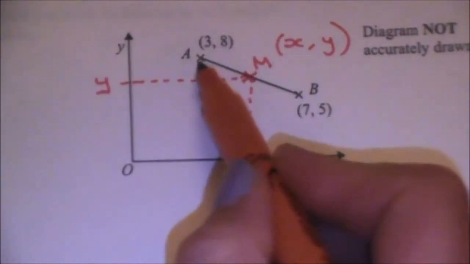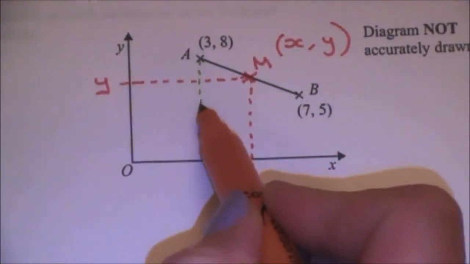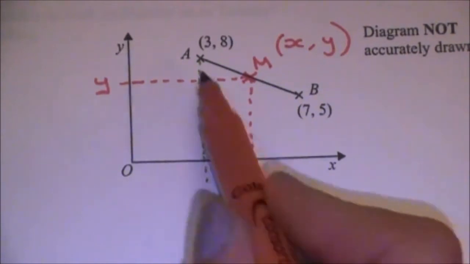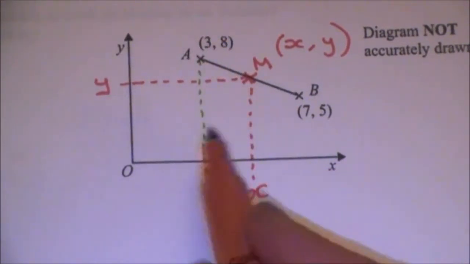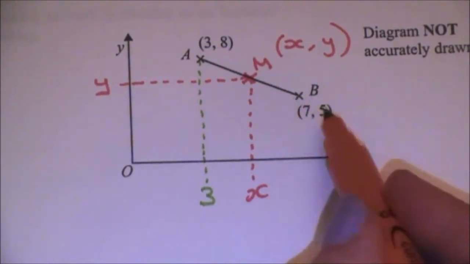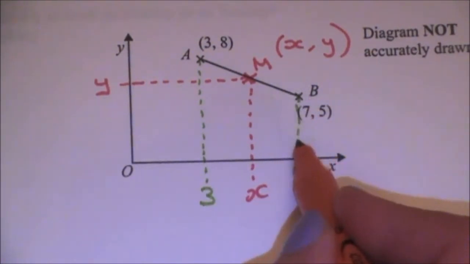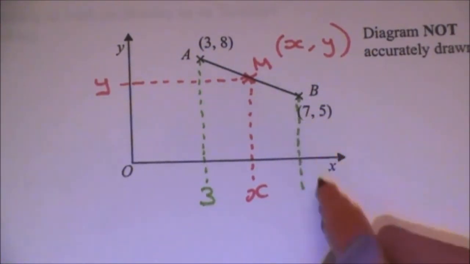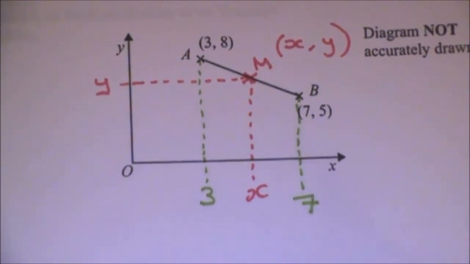So I'm going to take this point, point A, and I can see that on the x-axis, point A is at 3, and point B on the x-axis is 7.